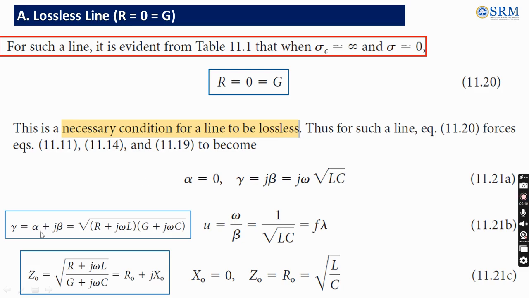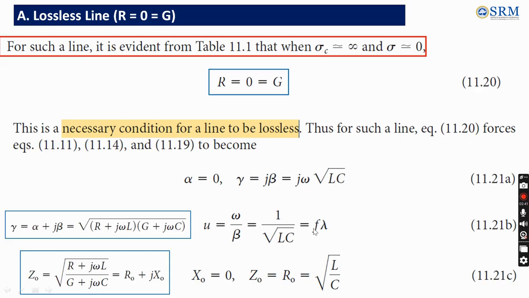If we apply this condition, the real part is 0, which means attenuation alpha is 0, so gamma is going to be j beta only, that is j omega root of LC. Velocity is omega by beta, and beta we found is omega root LC. If we substitute that, omega gets cancelled, and we get the velocity as 1 by root LC.